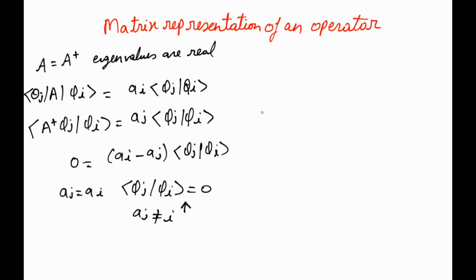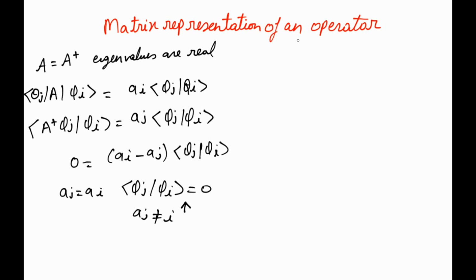And orthogonal eigenfunctions are important because, like in our Euclidean case, we have x, y, and z axes which are orthogonal to each other, and that makes life very easy. And any state can be expressed as a linear combination of these eigenfunctions, these basis states.